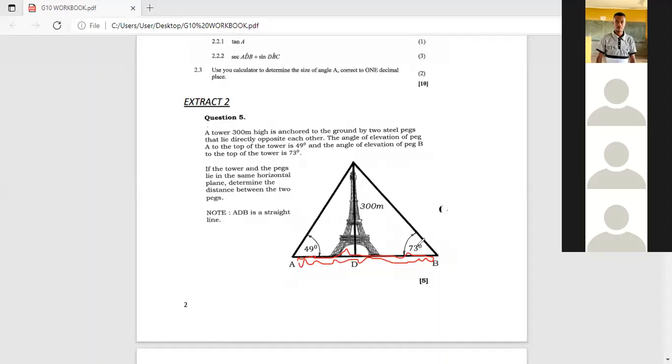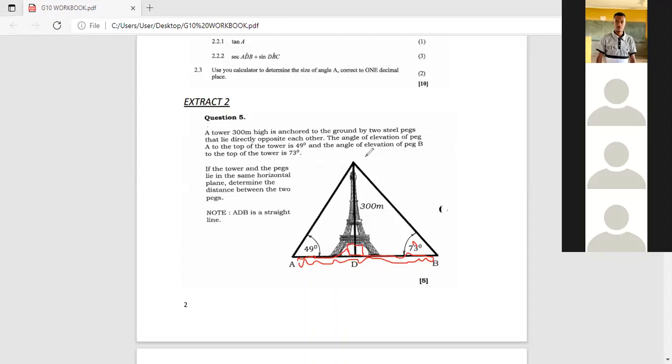Remember when we did the first question, we looked at when we are given an angle and a side. So in this case, I can find DB, because ADB is a straight line, meaning here I'm going to have a 90 degrees, because they form a flat surface and this is a straight line.